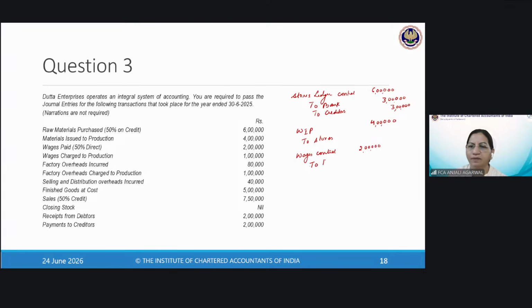Paid. So that means to bank. Now 50% direct, therefore WIP to wages control account 1 lakh. Production overheads debit 1 lakh and to wages control account.